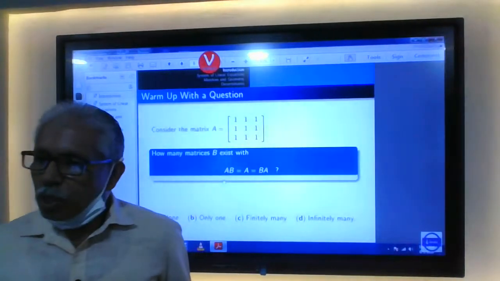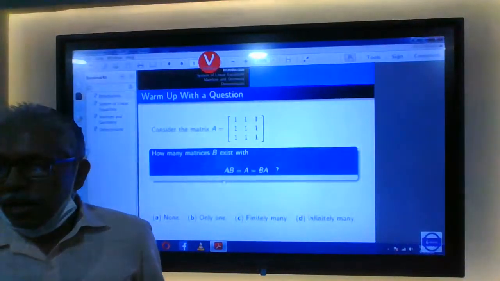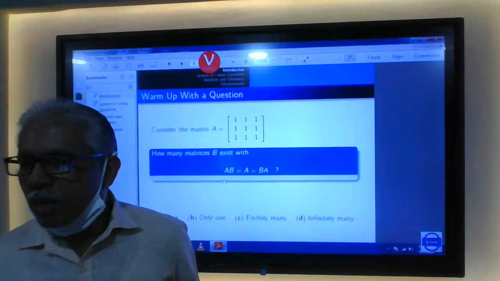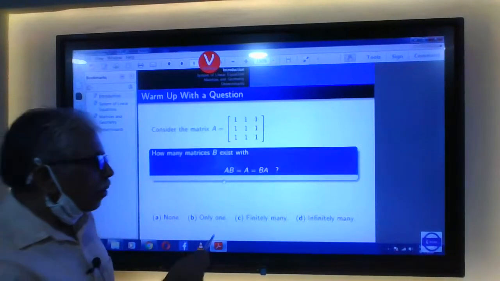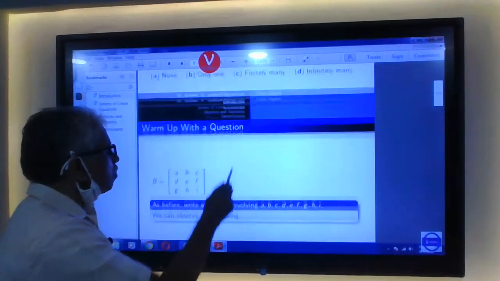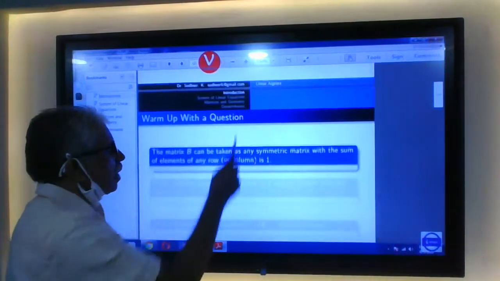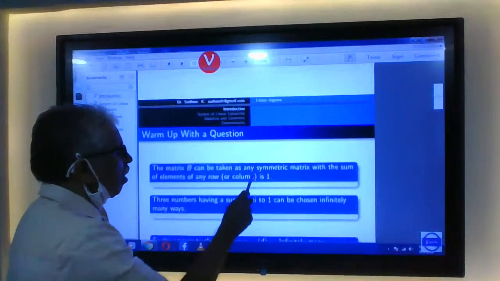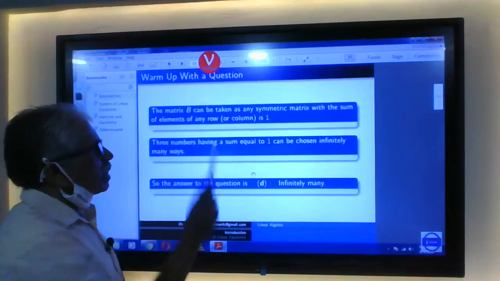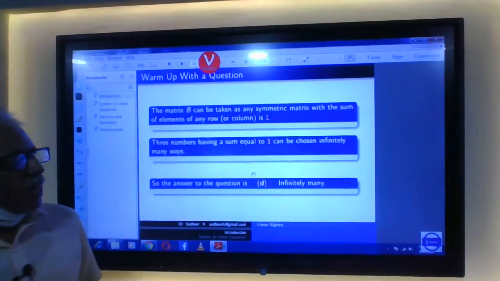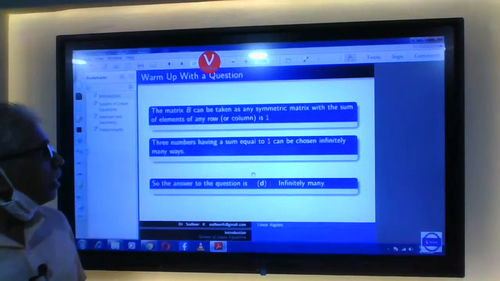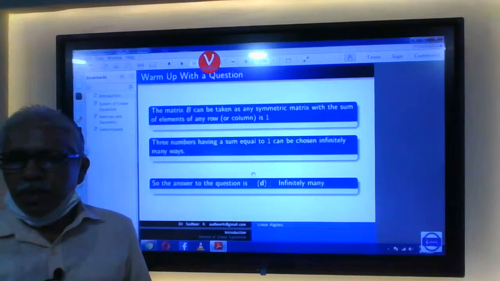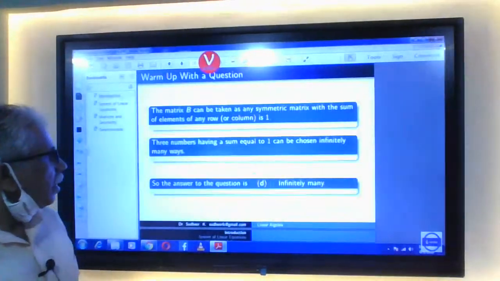And then matrices B should be symmetric matrices. What should be the speciality of the entries of the symmetric matrix? The row sum and column sum all must be 1. So the matrix B can be taken as any symmetric matrix with the sum of elements of any row or any column equal to 1.